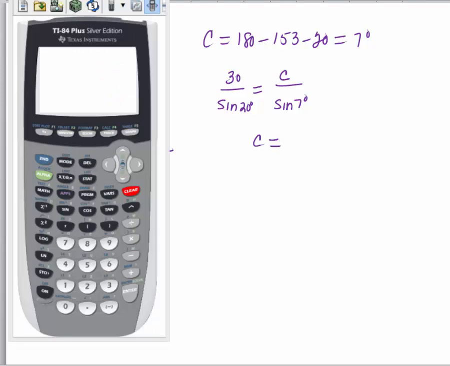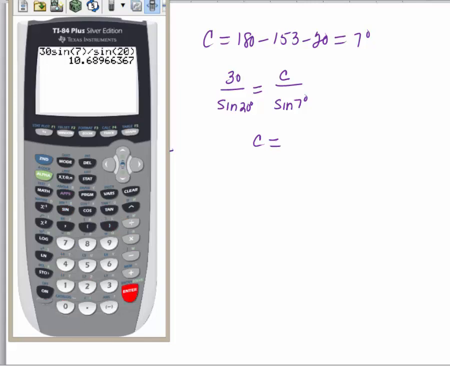C is going to equal 30 times the sine of 7 degrees divided by the sine of 20. And we get, rounding to the nearest tenth, 10.7.